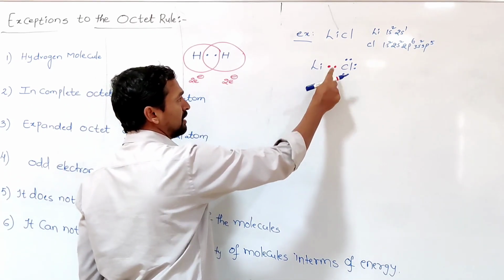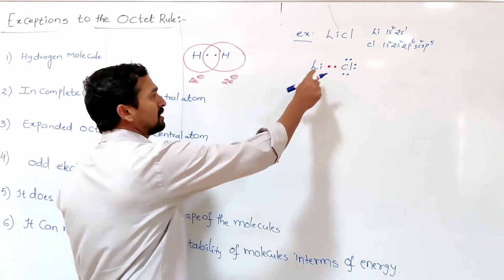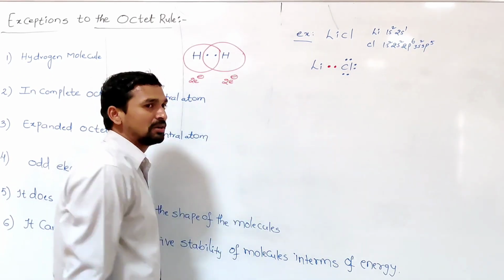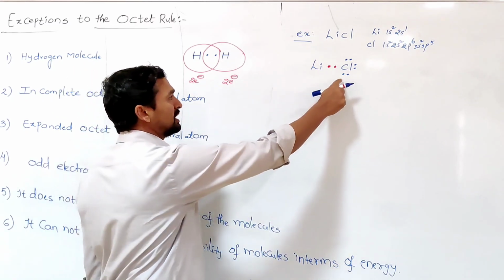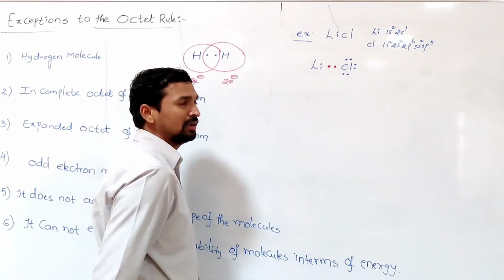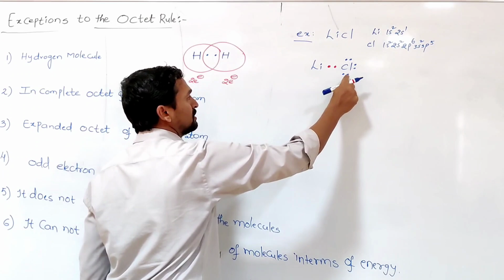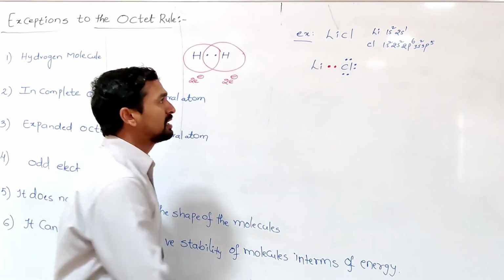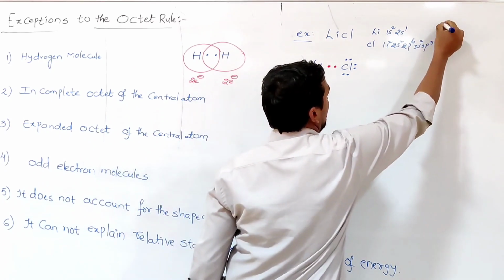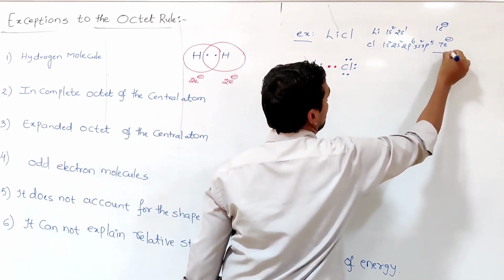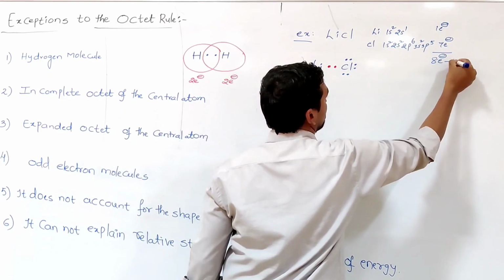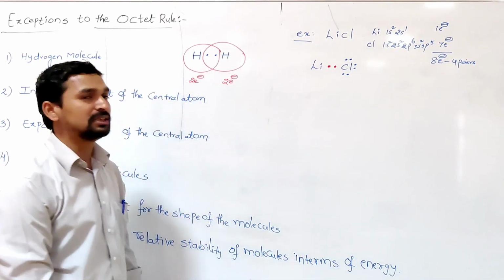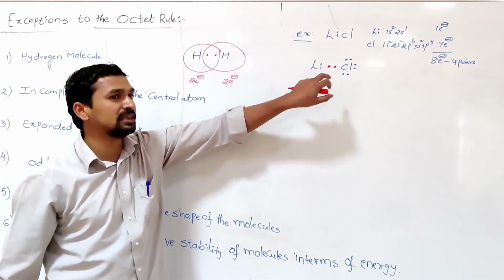Out of the 4 pairs, 1 electron pair is used to form a single bond between lithium and chlorine. After that, I need to satisfy the octet configuration for chlorine: 2, 4, 6, totally 4 pairs are completed. These 4 pairs are assigned to lithium and chlorine. Like this, we get the structure.